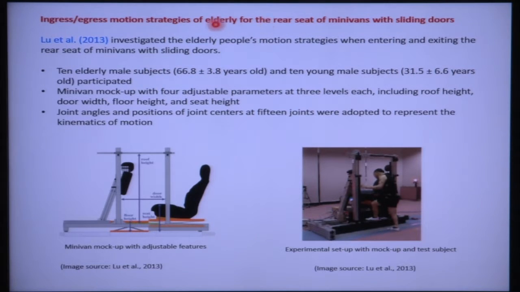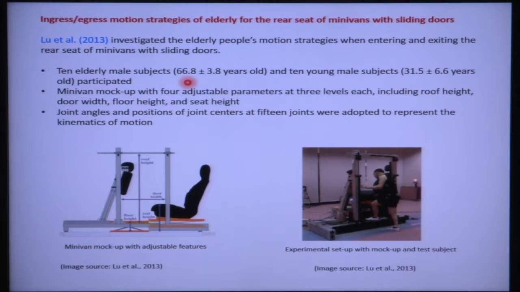So, while elderly people are sitting, either going in or coming out, meaning entry and exit for the rear seat of the minivan. How elderly people's behavior is different from adult people, not young adult people or adult people.